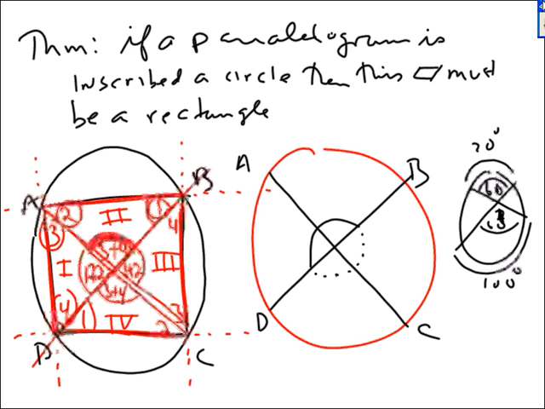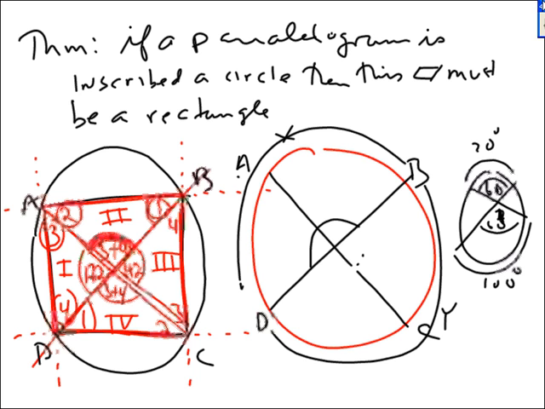Okay, well, let's see what I'm trying to say. If the whole arc is x and this whole arc is y, then we have that x plus y over 2 is 180 degrees.